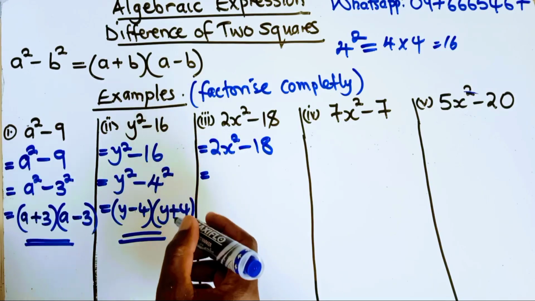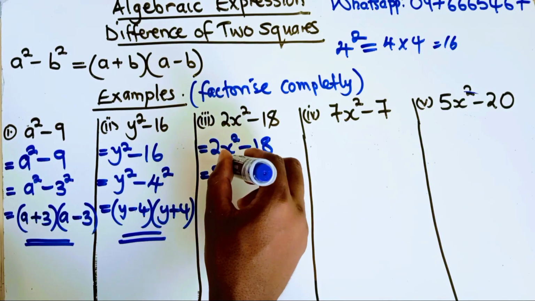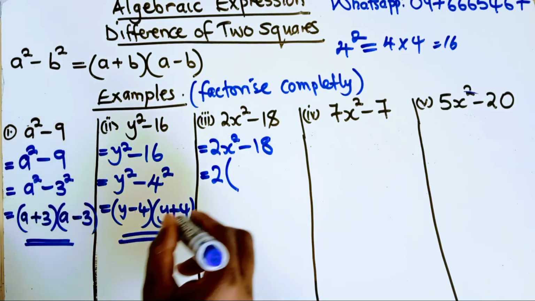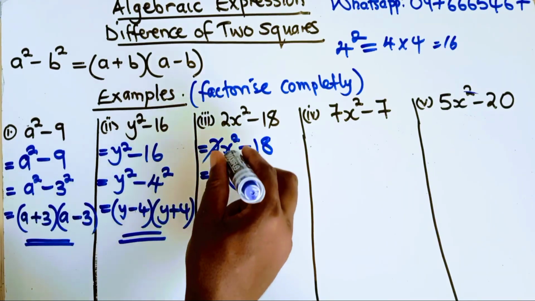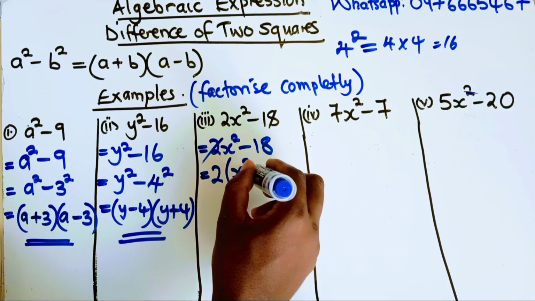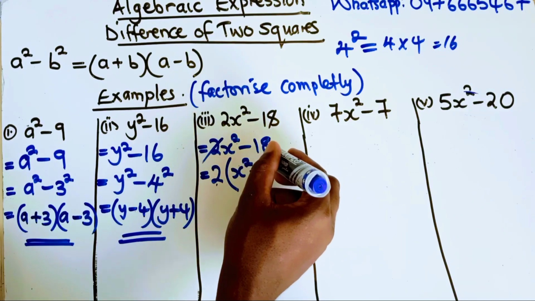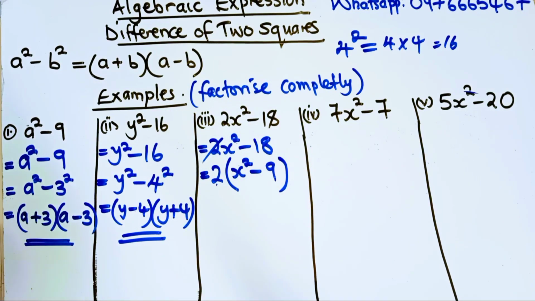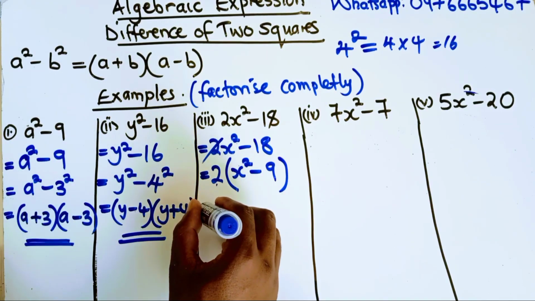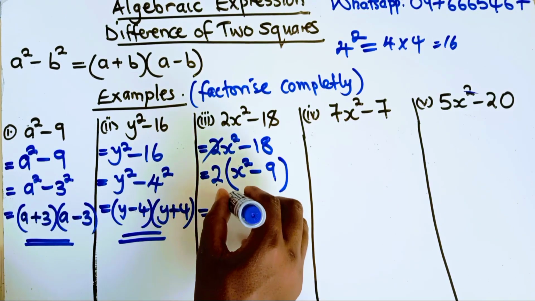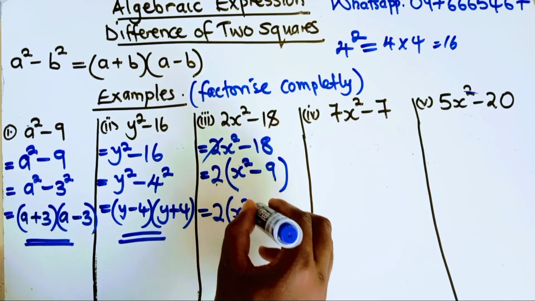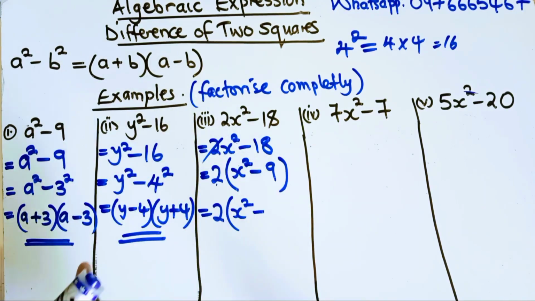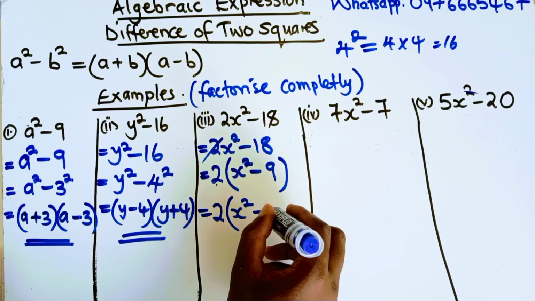So we are going to say 2, you simplify it first, you open brackets. When you divide the 2 there, you remain with x squared minus. When you divide 18 by 2, it gives you 9. Okay? So when you reach this point, you're not done yet. You say 2, then x squared minus, we look for the square root of 9, which is 3.